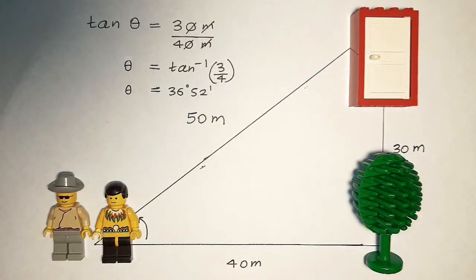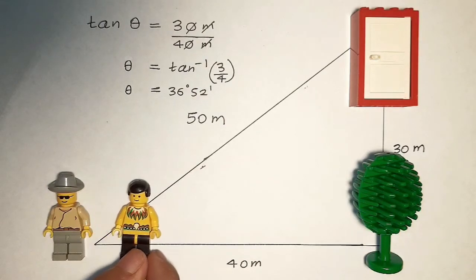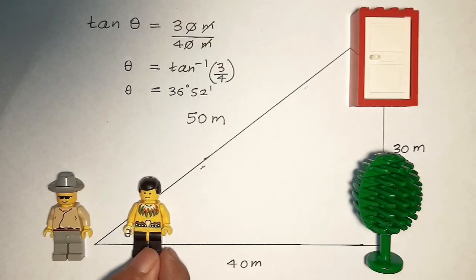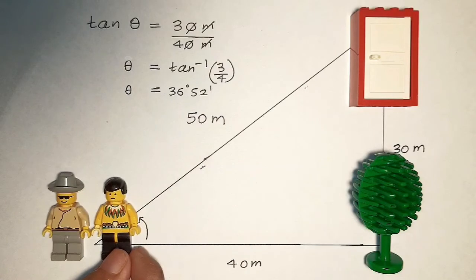The displacement is a vector, so we need to consider the angle as well because it has a specific direction embedded in it. The angle here we use is theta. So tan theta in this case would be 30 over 40. So we would obtain that theta is equal to tan inverse 3 over 4, which gives theta equal to 36 degrees and 52 minutes.